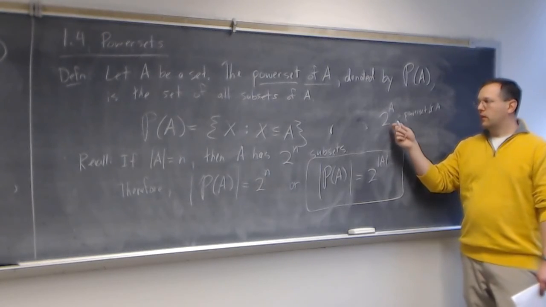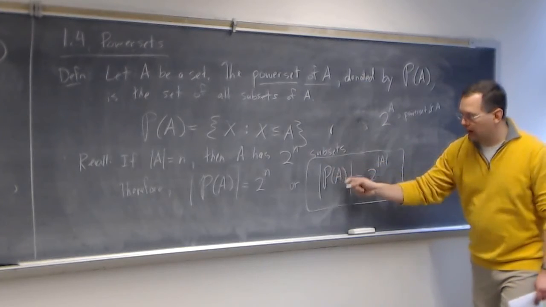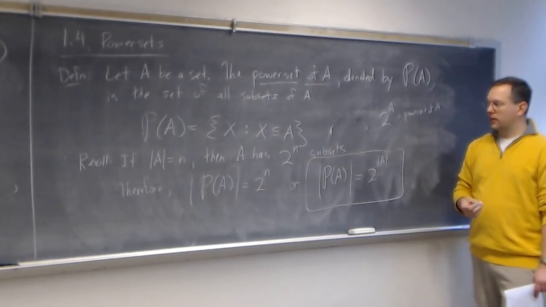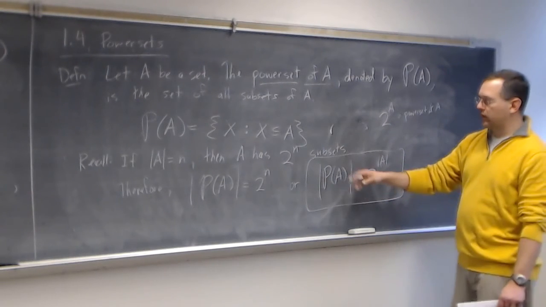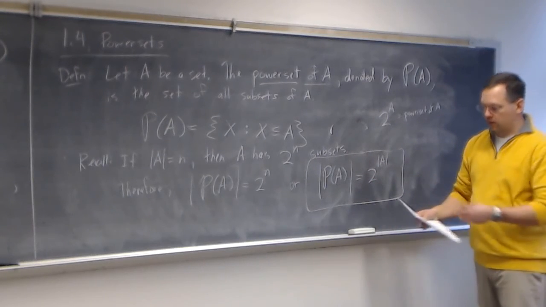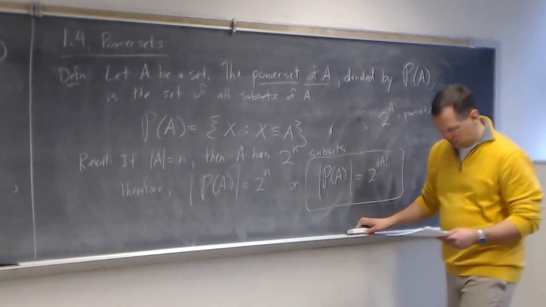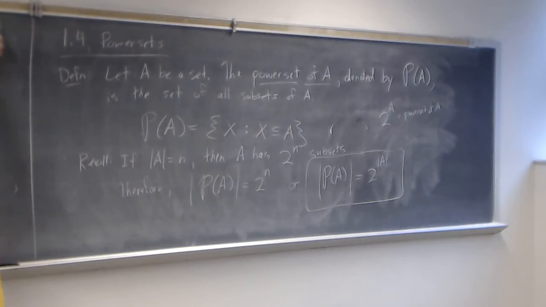If this is the power set of A, then the size of the power set is 2 to the size of A. Well, I'm going to stick with the book's notation, script P of A, for the power set. Okay. An example.